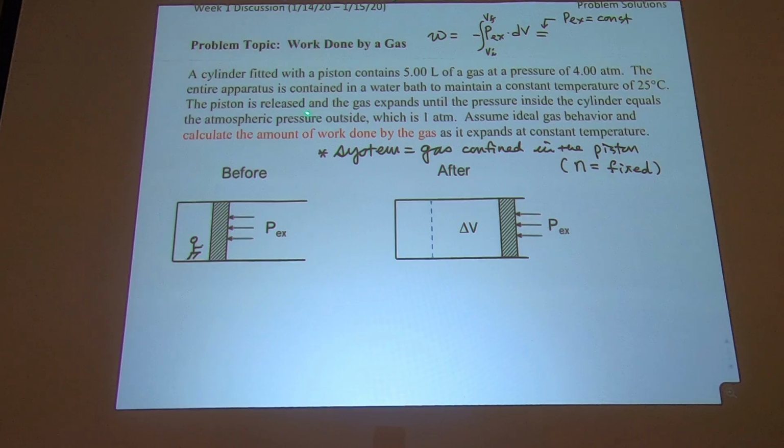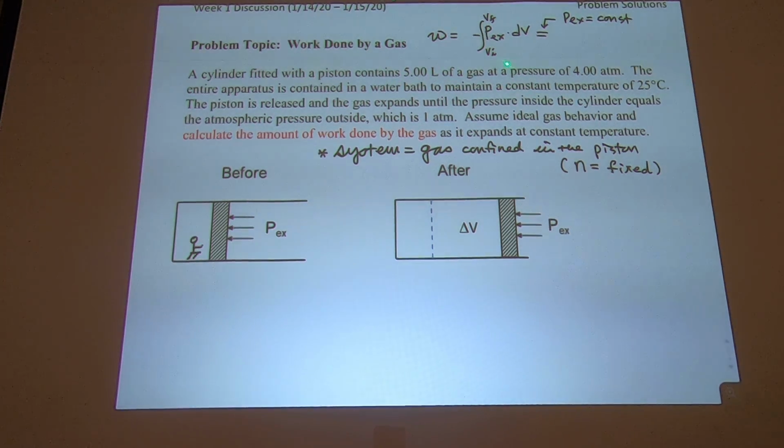This is a cylinder of gas containing the piston. The volume is given, the pressure is given. This is the initial pressure and volume, and this is maintained at constant temperature. So it's a long explanation to say this is an isothermal process.